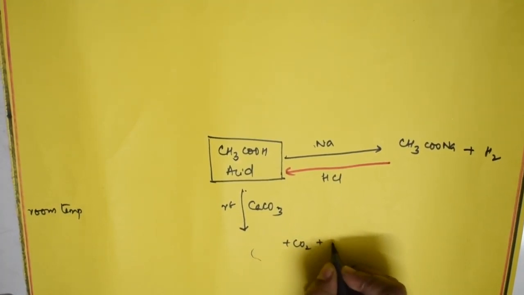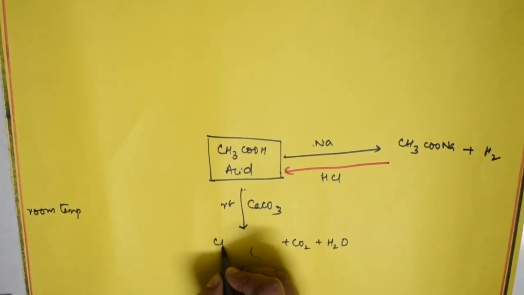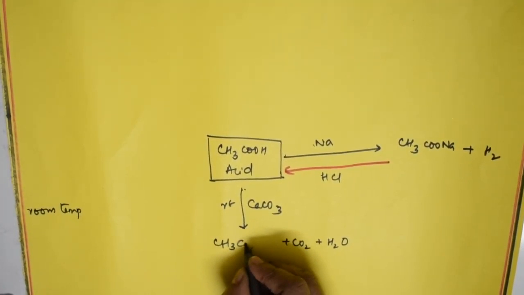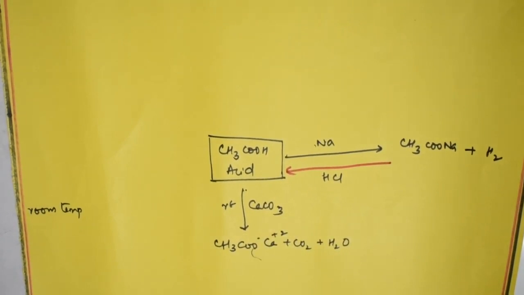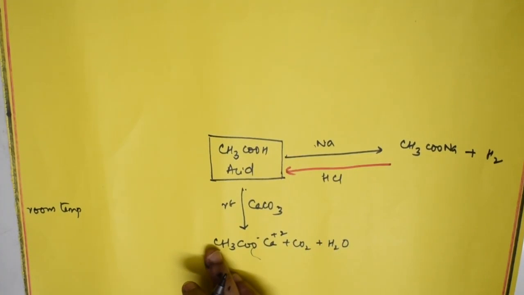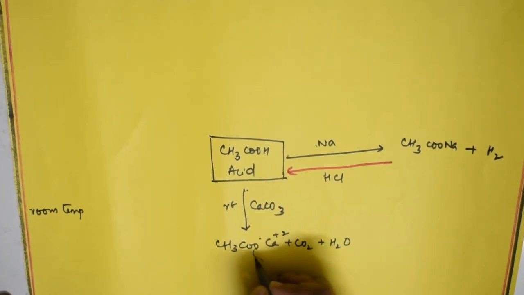Carbon dioxide gas along with water. There's a cleavage of the bond and it forms calcium acetate, with CH3COO minus and calcium plus 2. So 2 acetates and 2 calciums, plus 2 and minus 2. Basically it means it's something like this taken twice.